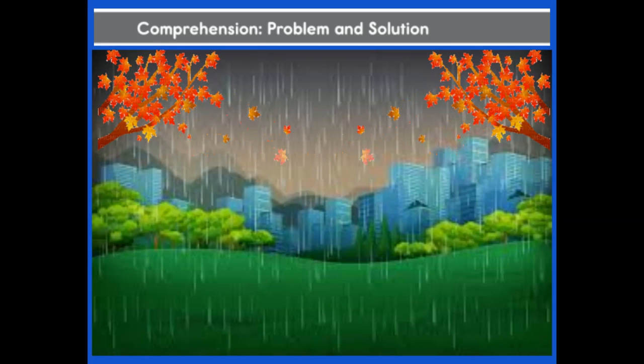You look out the window, you see dark clouds, you see rain, you see the leaves falling off the trees because the wind is blowing so hard. What kind of clothing and other things will you need to prepare for your day? To prepare for your trip to school? So you're going to write a sentence stating your problem. You're going to write 2 sentences stating how you would solve your problem and draw a picture to match your writing.